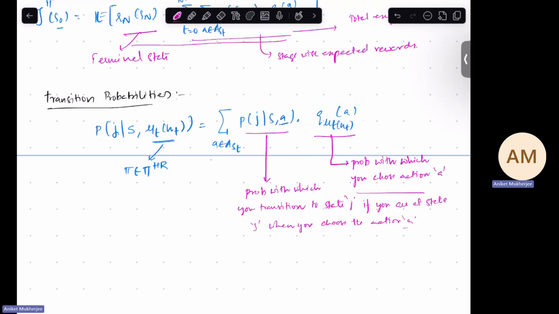Again, you're taking an expectation over all the randomized actions. So this tells you the probability that you reach state J when you start at state S, given you take the randomized policy. For shorthand notation, we can denote this as P_pi(J | S).